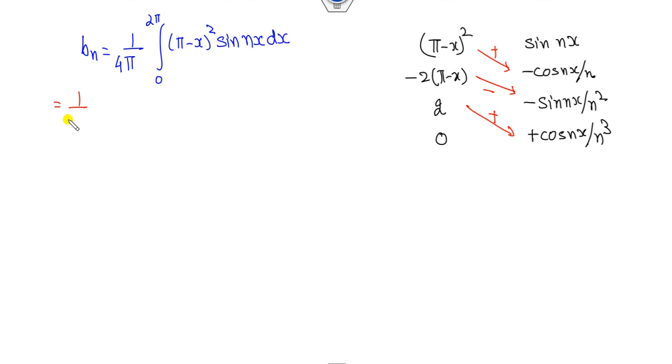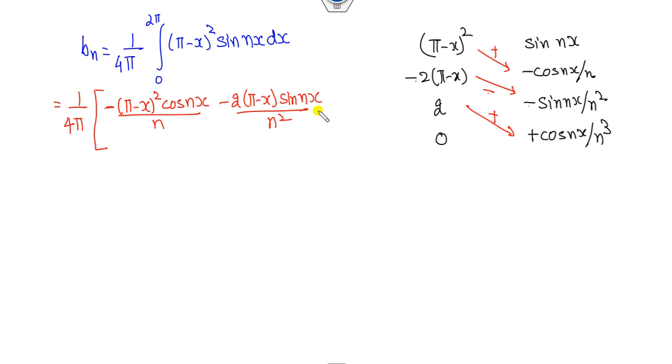So 1 over 4 pi, then minus (pi minus x) whole square cos nx over n, minus minus plus, plus minus minus, twice (pi minus x) sin nx over n square, and plus plus is positive, 2 times cos nx over n cube from 0 to 2 pi.